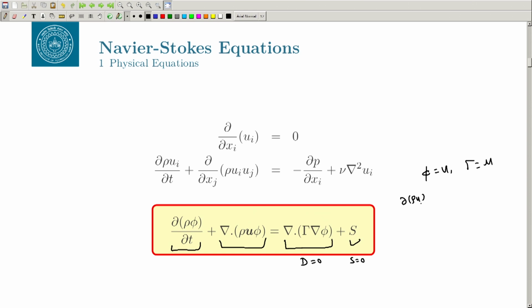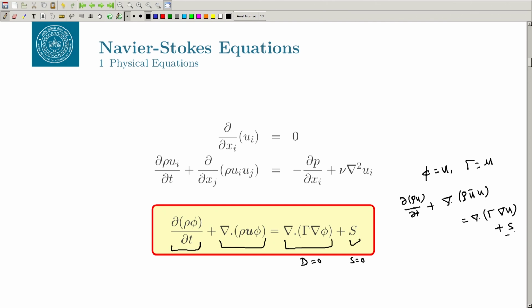Del rho u by del t plus del dot, let us write in the vector form only so that it is convenient for you, rho u u is equal to del dot gamma del rho u plus s, which can be the source term.